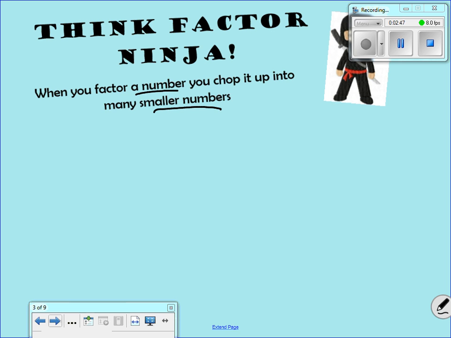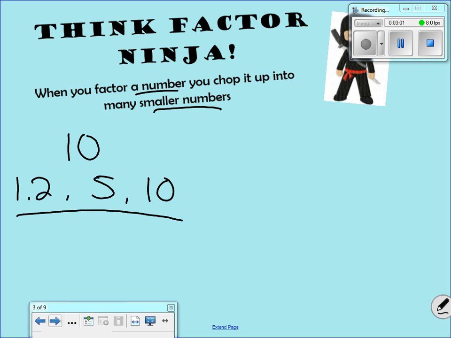So we have, like I just showed you, 10, and we have 1 and 10, 2 and 5. So now instead of one big number, we have 4 smaller numbers. So if you struggle with remembering what factoring is, think Factor Ninja.